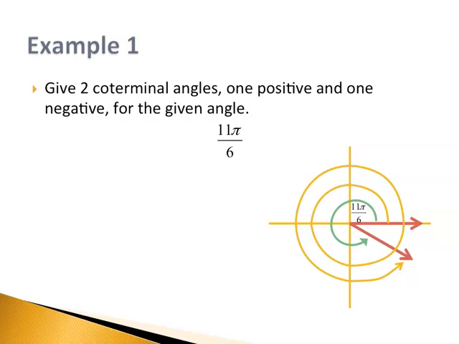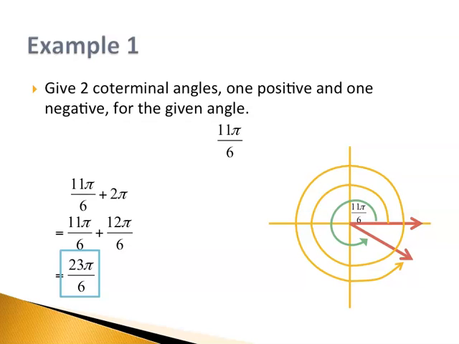So what we're really doing is 11 pi over 6 plus 2 pi, plus one full rotation. So that's 11 pi over 6 plus 12 pi over 6. You get the same denominator in order to add those fractions, and that gives us 23 pi over 6. Okay, so that's a positive coterminal angle.